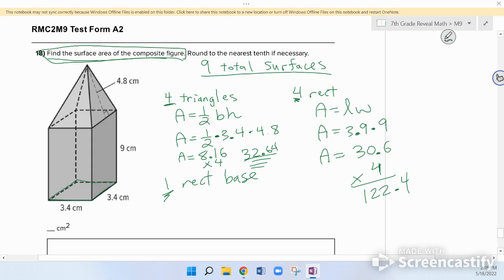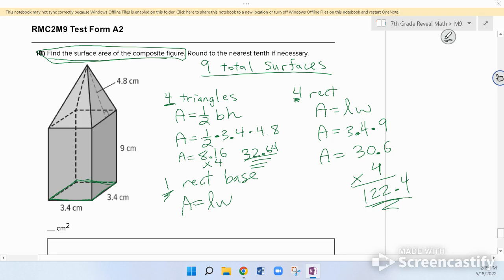Now we have that 1 rectangular base left, and that is down there. We're going to use A equals LW again because it's the area of a rectangle. Square, rectangle, same thing. It's just been brought to my attention that this should have been a 4, but the result stays the same. 3.4 times 9 is 30.6, times 4 still gets you 122.4.